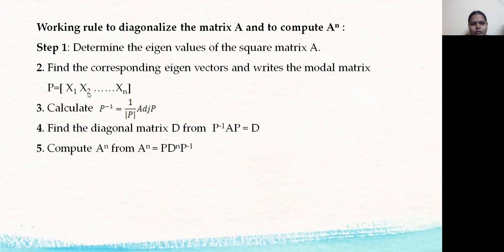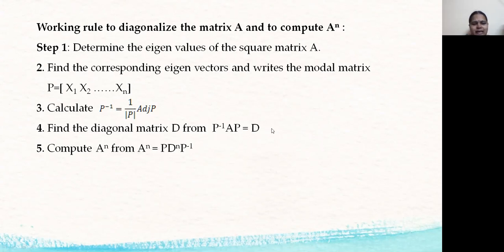Next, x2 has lambda 2 as its eigenvalue, so the second diagonal element is lambda 2. Like that, the last element will be lambda n with its corresponding eigenvector xn. So in the diagonal matrix D, the order follows the eigenvectors in the matrix P.